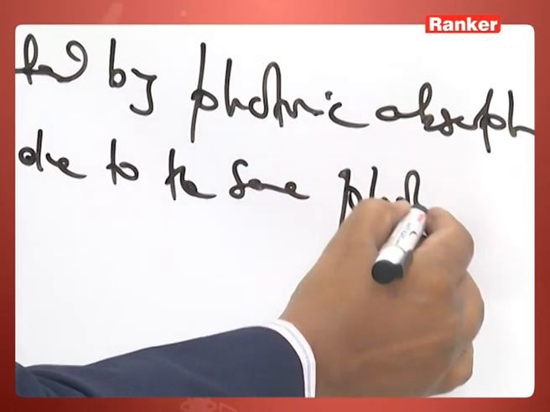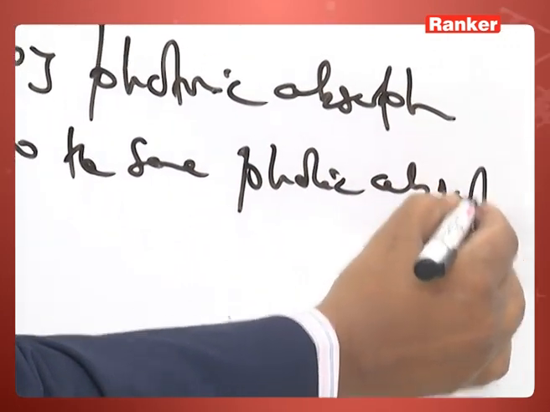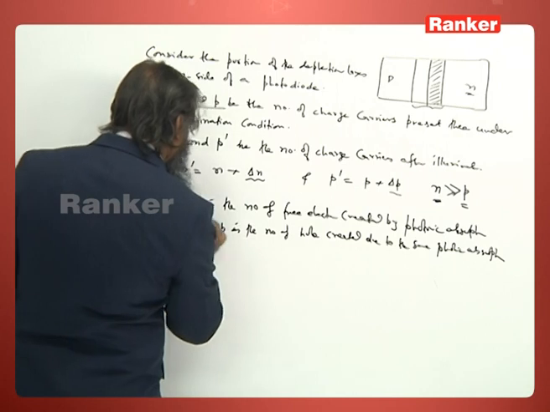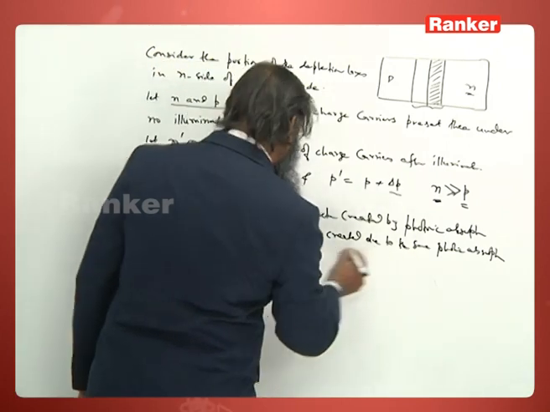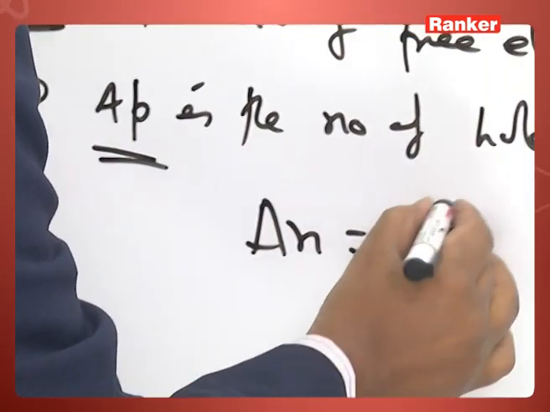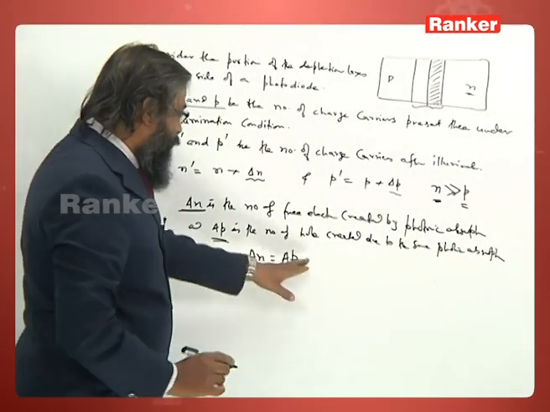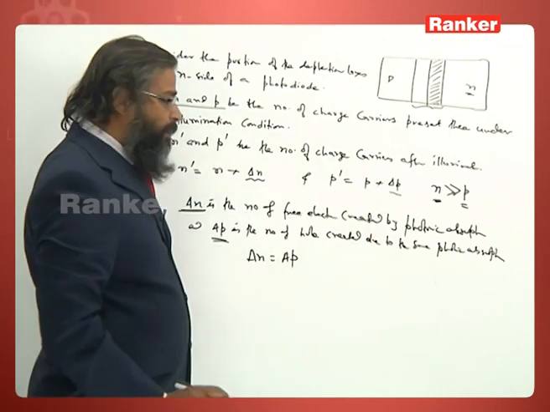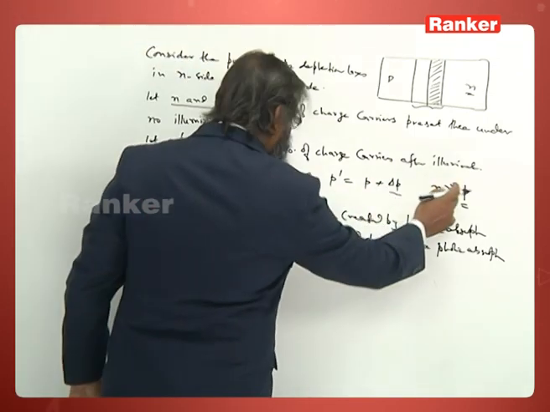So, whenever a photonic absorption takes place, then an electron hole pair, so delta N and delta P, is created. So, delta N is equal to delta P. These two are same, but N is very large.